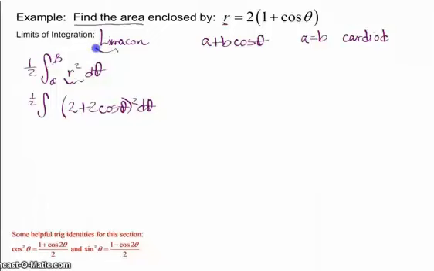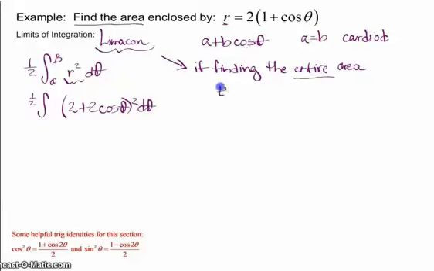Now, the alpha and beta part are a little bit different. Here's why we like limacons. This needs to go in your notes: if finding the entire area, meaning they don't just want the upper half of the limacon or the lower half, or the loop of the limacon, then your limits of integration are always, and I mean always, 0 to 2 pi.